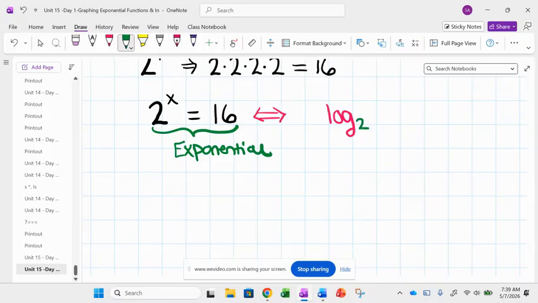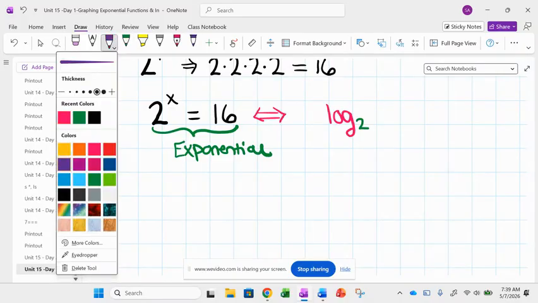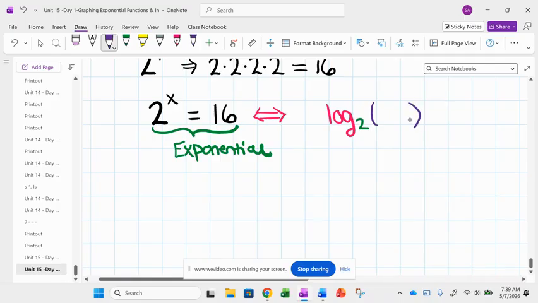You write it almost like a subscript to the log. And then I'm going to open a set of parentheses. What comes next after the base of 2 is called the argument. What you write in the argument is what it equals.